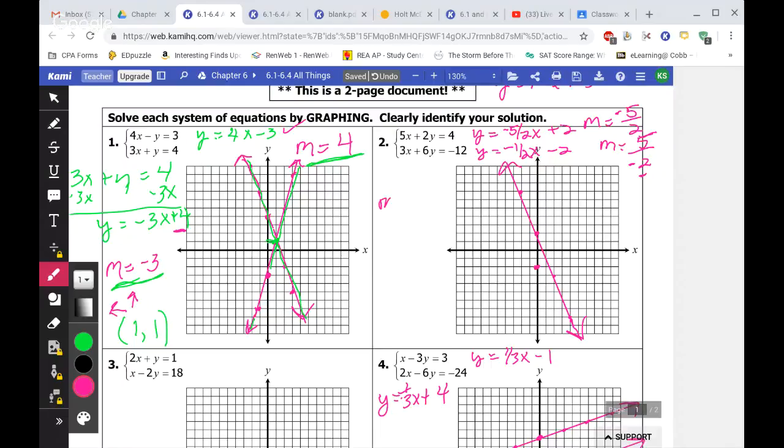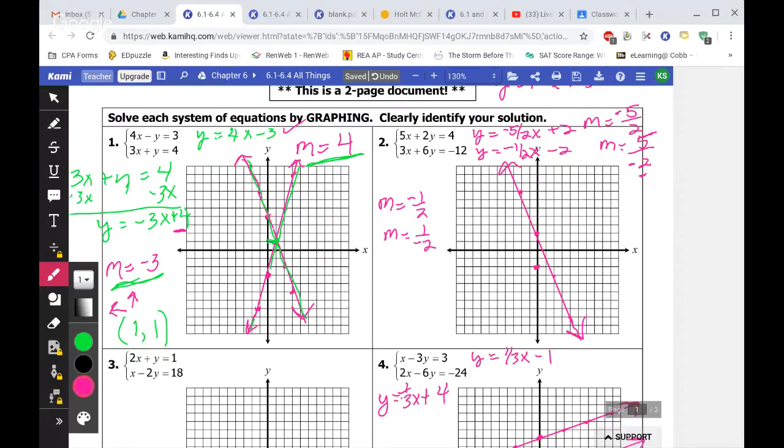Good job. So that means when I'm graphing this, I'm going to do -1/2, or I can do +1 over -2, because a negative divided by a positive or a positive divided by a negative is still a negative.